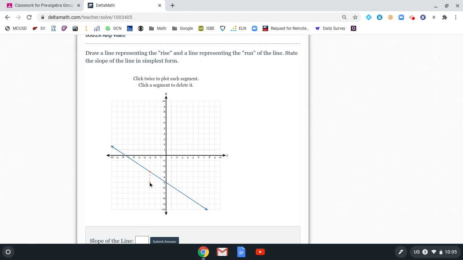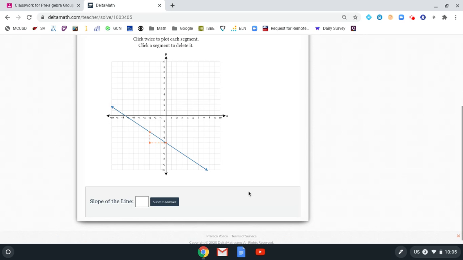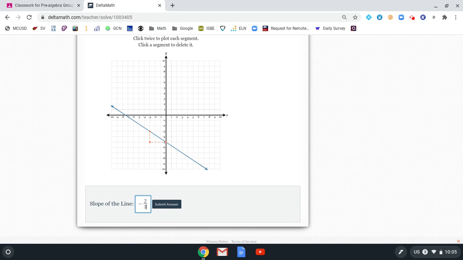And then what I'm going to do is I'm going to make my line starting here and run all the way back till I'm even up with that line. And then I'm just going to count for myself. I went down 2, so my rise is -2. My run is 1, 2, +3. So my slope would be -2 over +3.